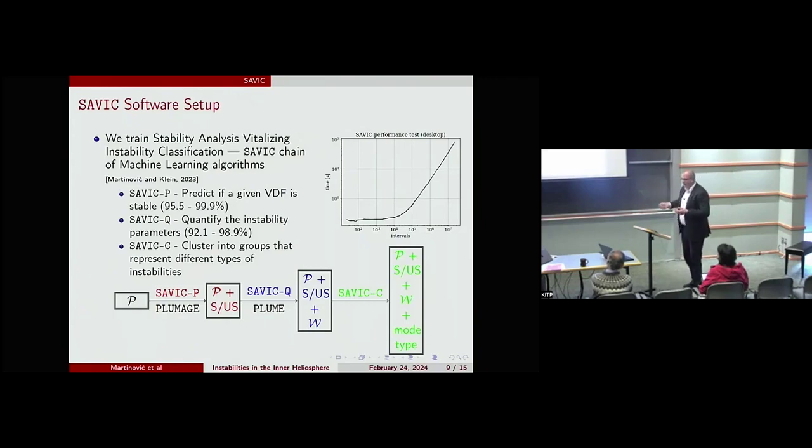I mentioned there were 8 million CPU hours to process the Helios data set. With SAVIC, you do it in about 7 seconds. And an arbitrarily large number of observed or synthesized intervals can be processed very quickly.